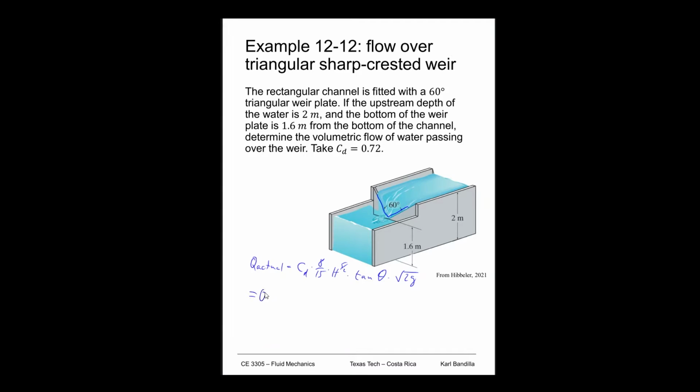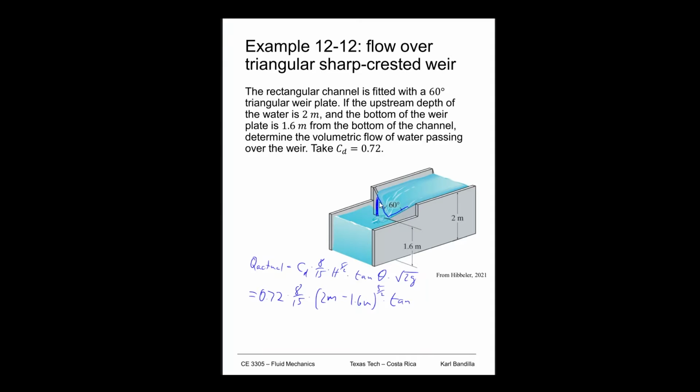Right, so we're given CD is 0.72, 8/15. Then the height, right? Remember that the h is just this part right here. So we have to do 2 meters minus 1.6 meters, and that is all raised to 5/2 times tangent.